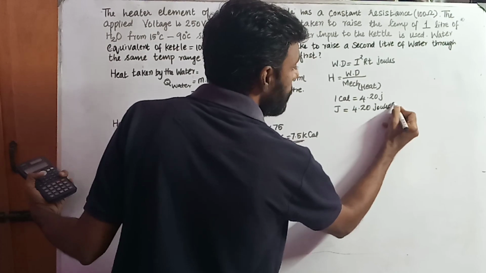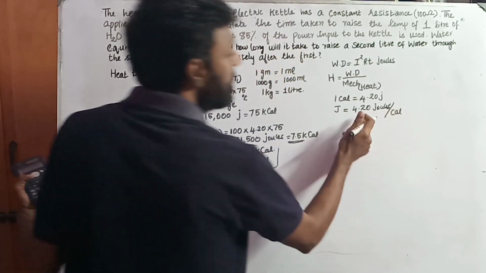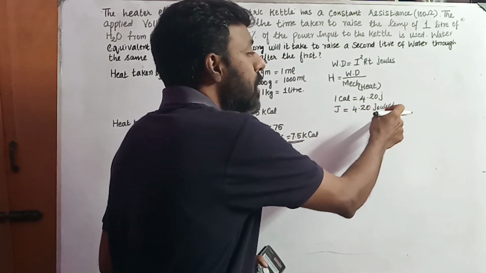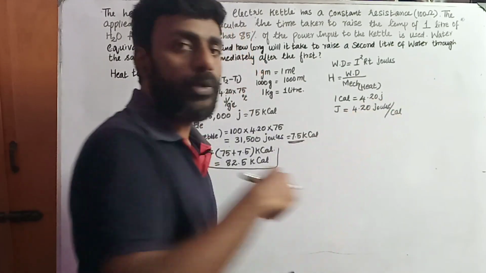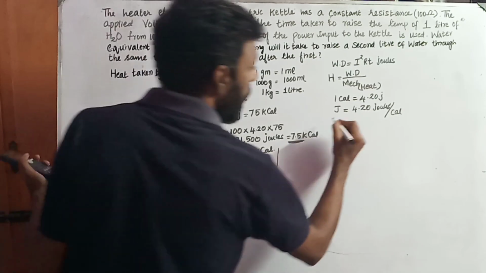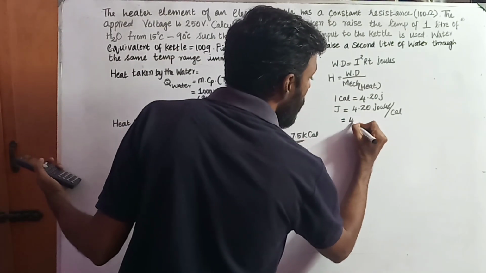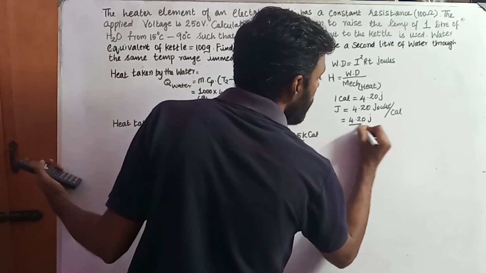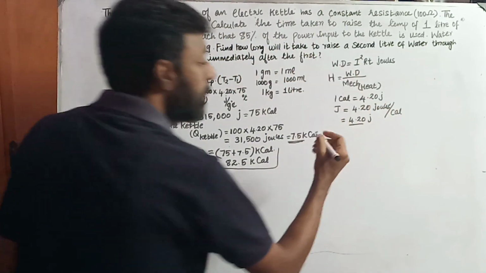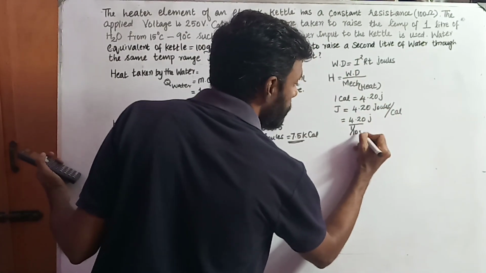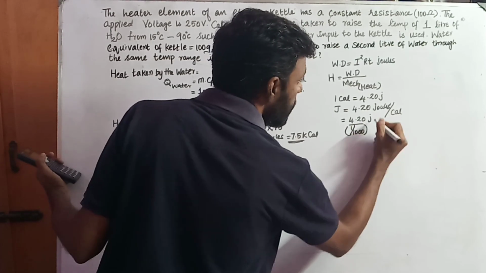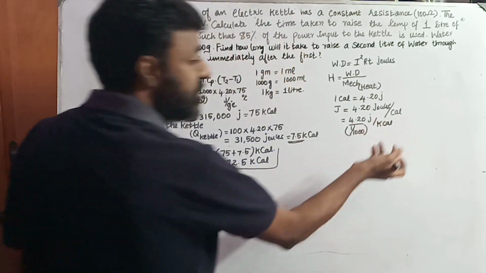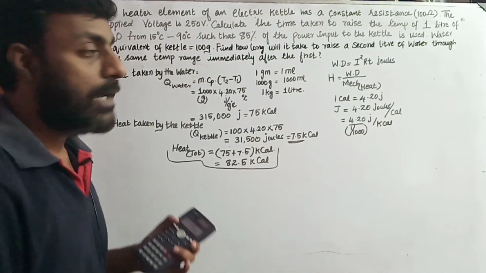The value of this mechanical equivalent of heat is 4.20 joules per calorie. Okay, this is the value I'll be getting. So I'm going to convert this calorie to kilocalories. 4.20 joules divided by calorie, when converted to kilocalorie, will be 1 divided by 1000. My unit will get automatically changed, calories will be converted into kilocalories.